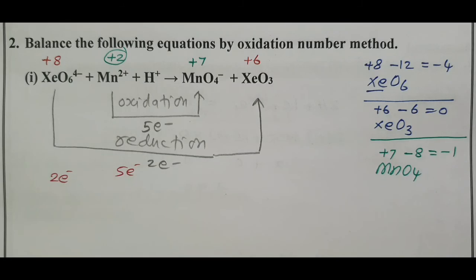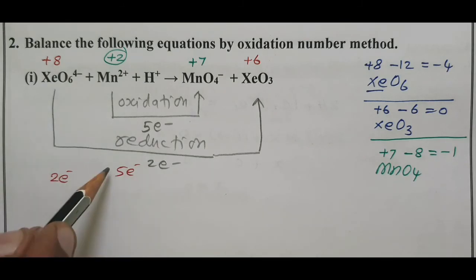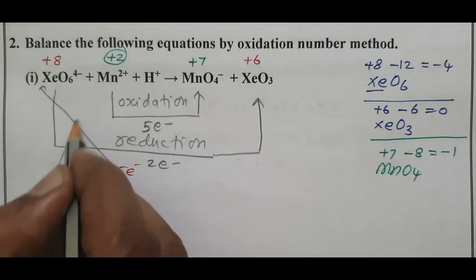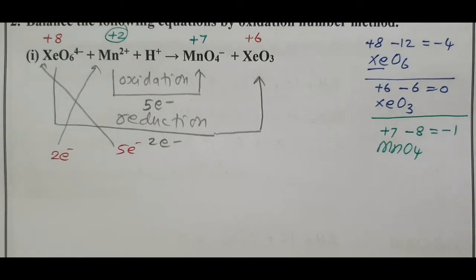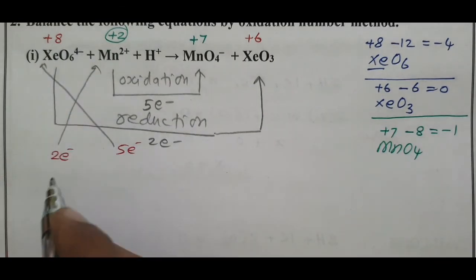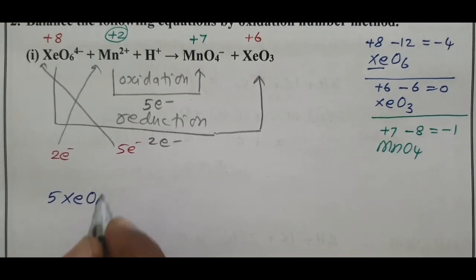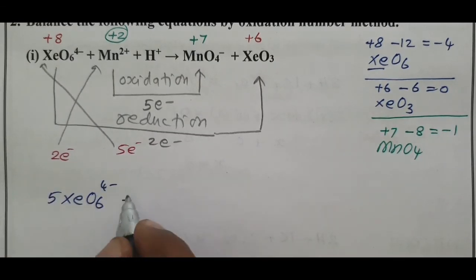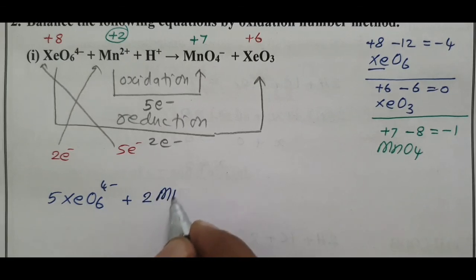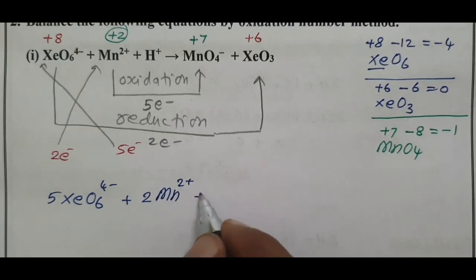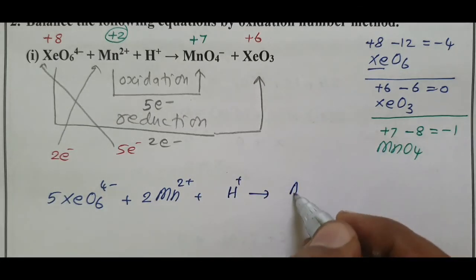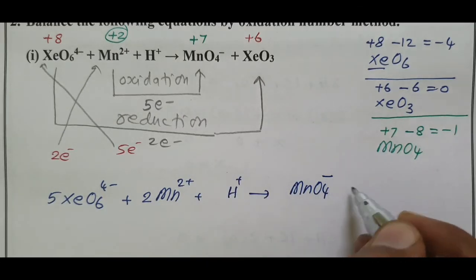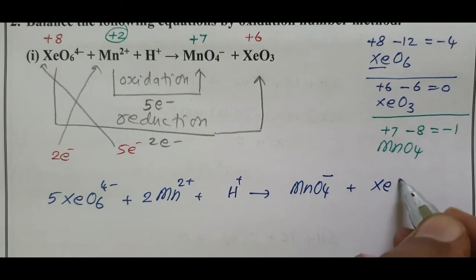What is the next step? Now, cross multiply the first compound by 5 and the second compound by 2, and after this multiplication, write the equation: 5 XeO6 4- ion plus 2 Mn2+ ion plus H+ gives MnO4- plus XeO3.